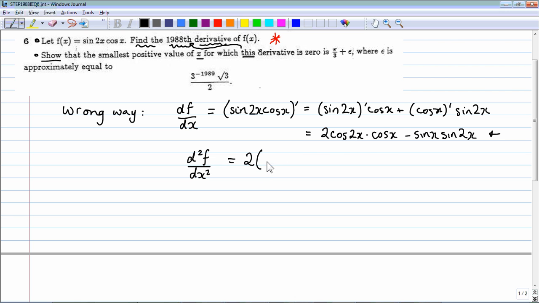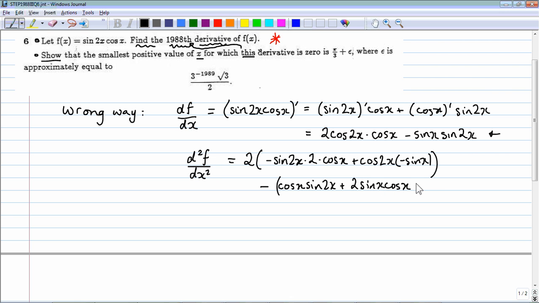So the product rule here gives me minus sine 2x times 2 times cos x plus cos 2x times minus sine x, and that's just the first part. Then I've got minus this thing here, so minus cos x times sine 2x, and then the next term is plus, sorry, what am I saying here?